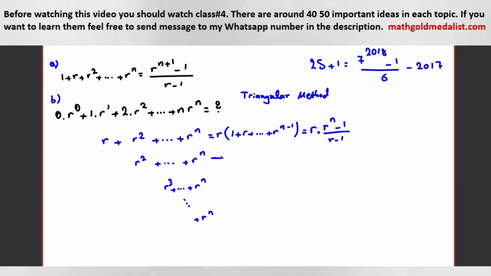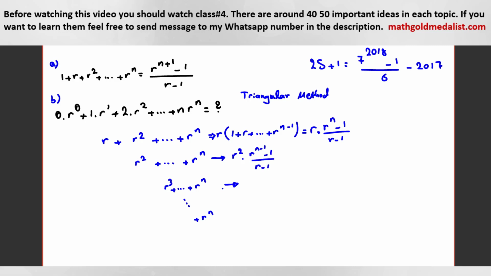What about the next row? It would be r squared times 1 added all the way to r to the n minus 2. Yes, and if you calculate, it will be what? r squared times (r^(n-1) minus 1) over (r minus 1).